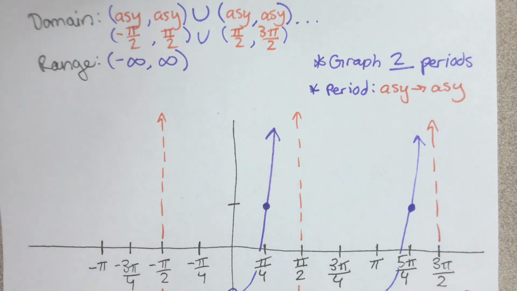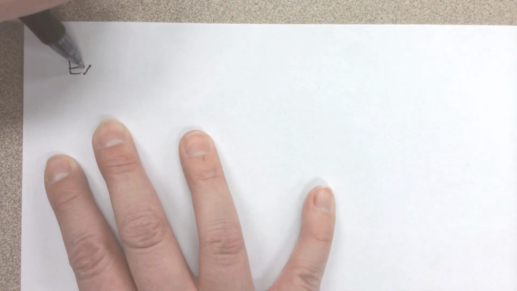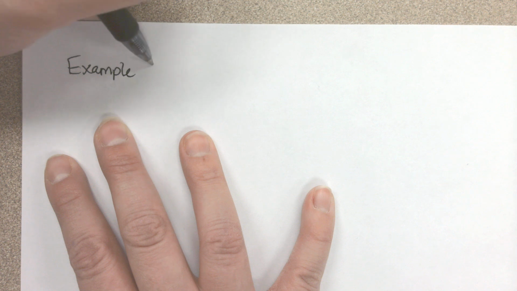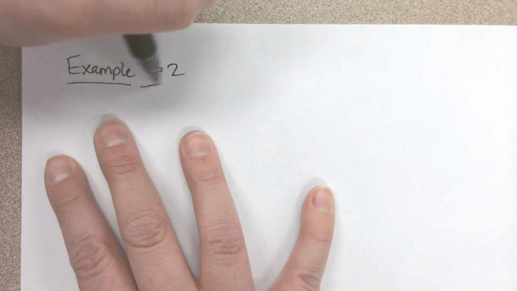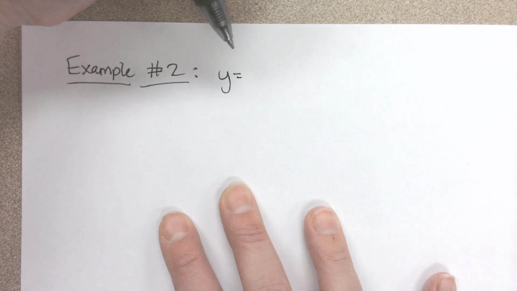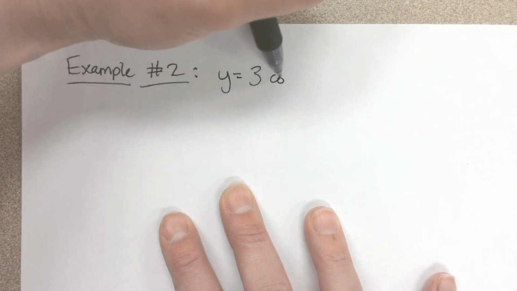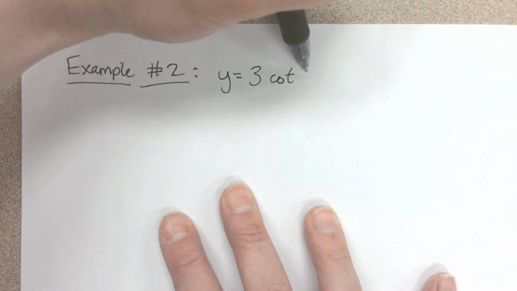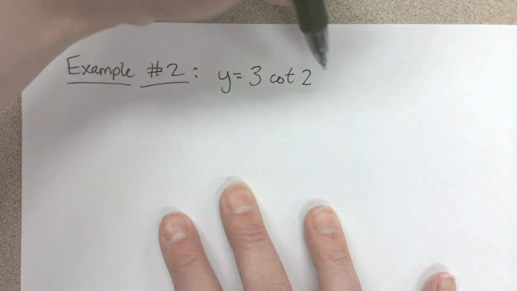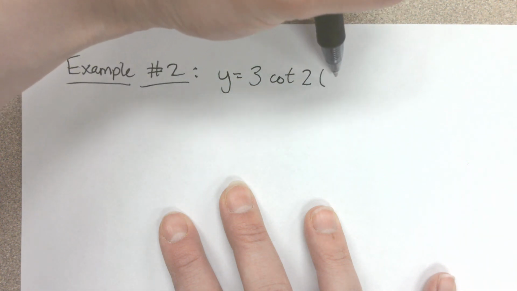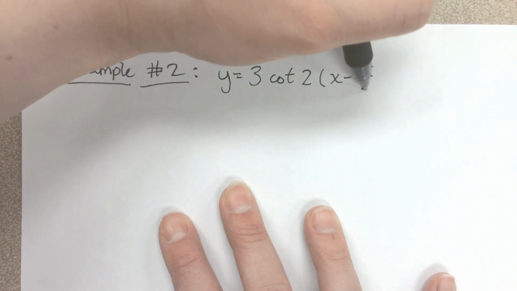One more example, and a cotangent example. Example 2, y equals 3 cotangent 2, then the parentheses, x minus pi over 2.